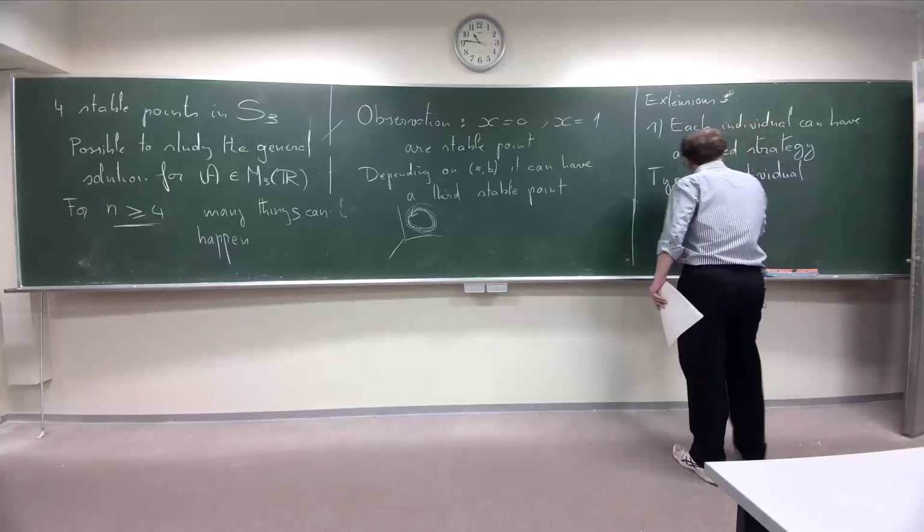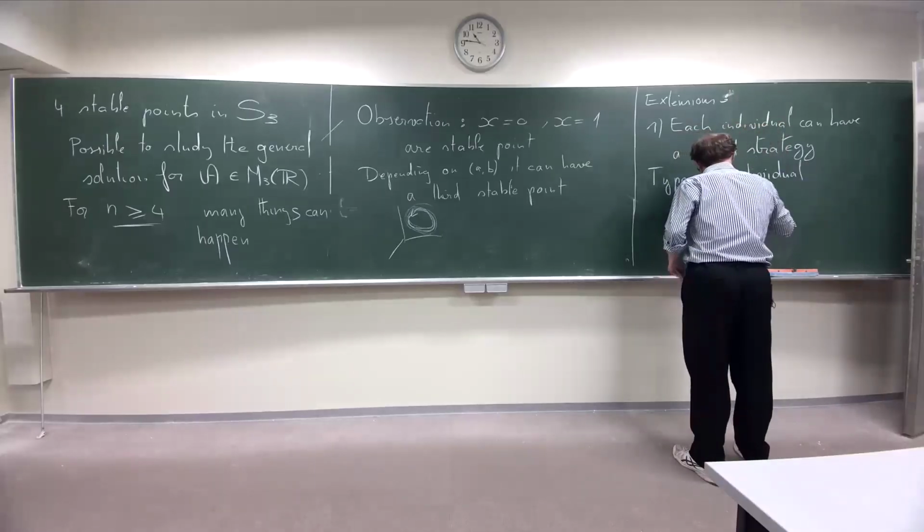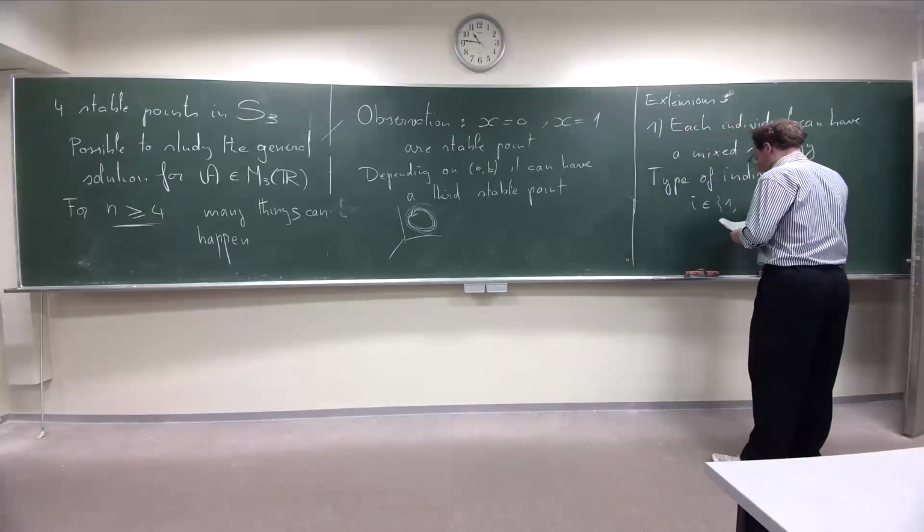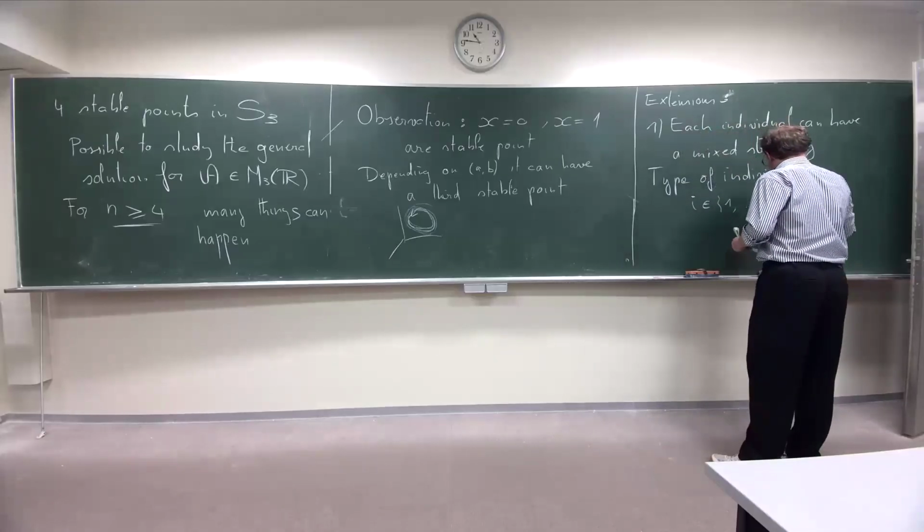The type is going to be i between 1 and n.